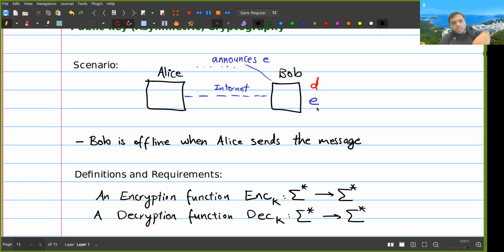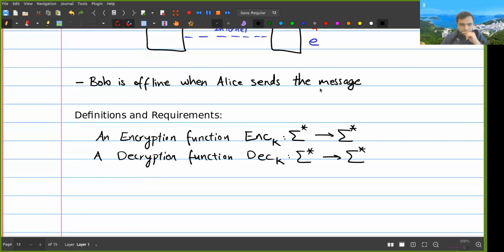And we will announce the encryption key to everyone so that everyone on the network can send a message to Bob. They can just encrypt using E and send it to Bob. But the decryption key will be only in Bob's hands, so only Bob should be able to decrypt. Okay?